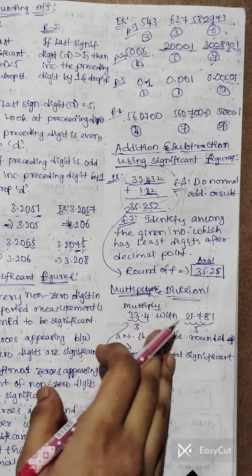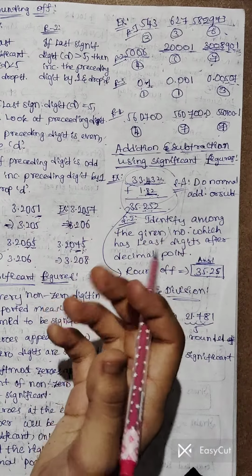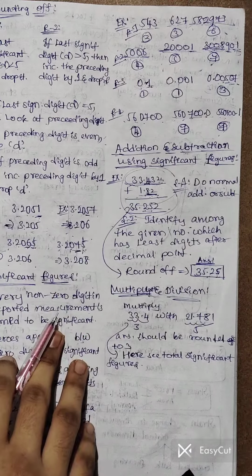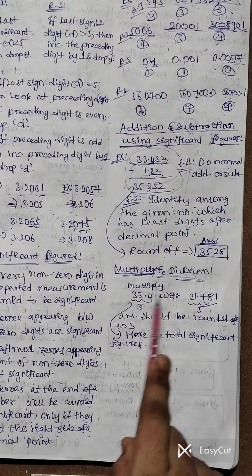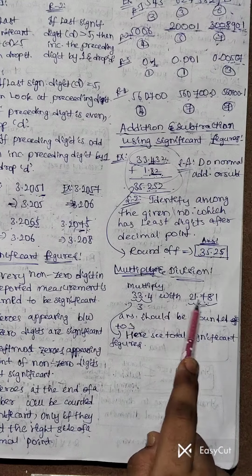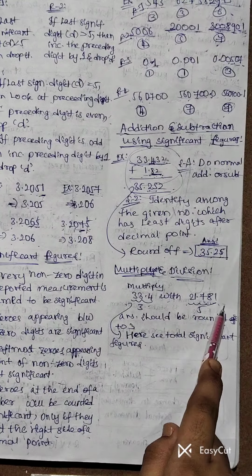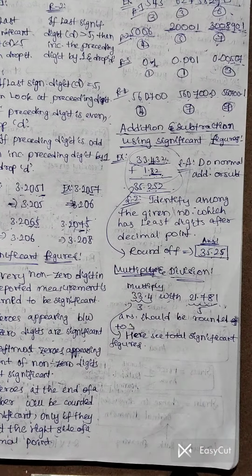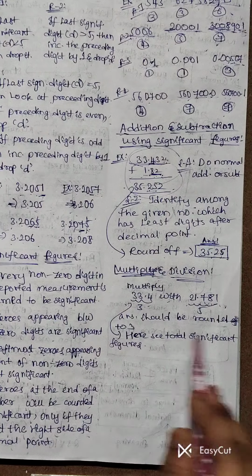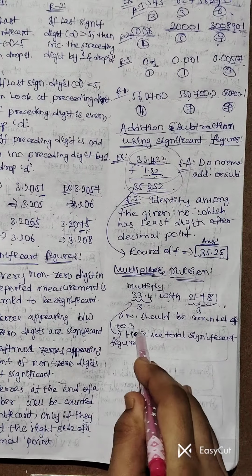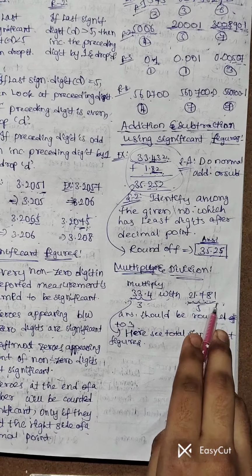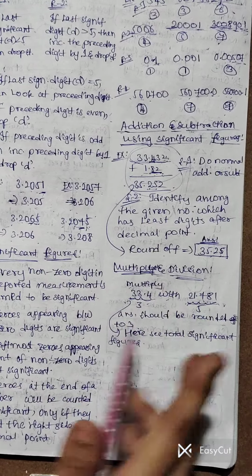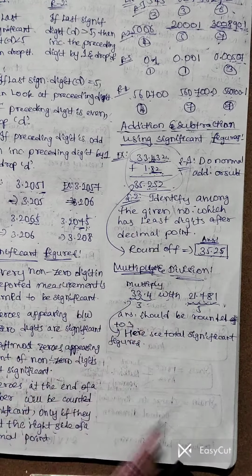But it is completely reverse in the case of multiplication and division. So if you multiply 33.4 with 21.781, then you will get some answer. That answer should be rounded off to 3. This is because, for multiplication and division, you have to count the total number of significant figures.